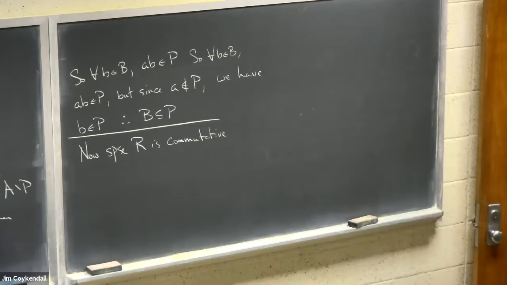Now we want to show in the commutative case that if you have a prime ideal, then it's got that property.